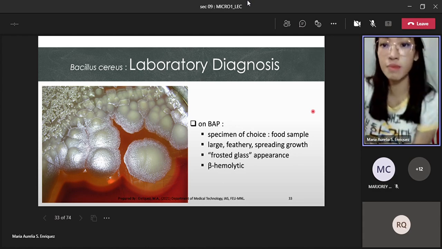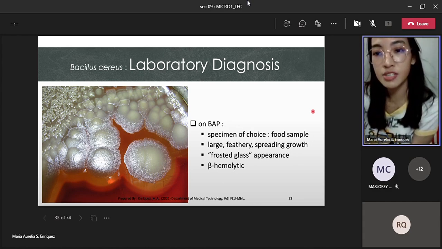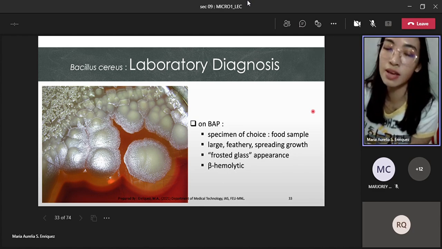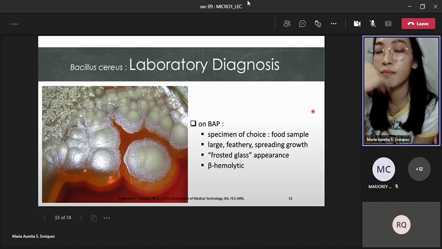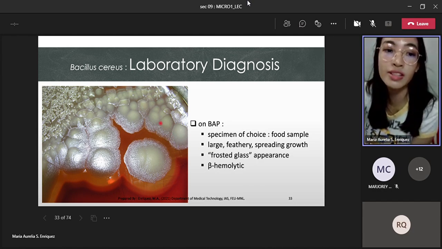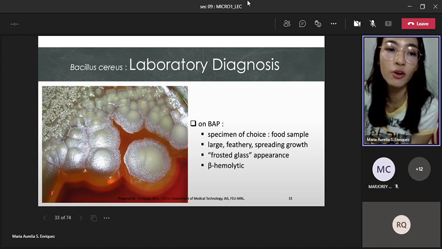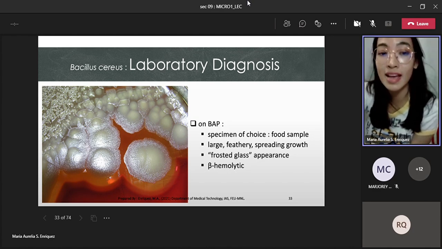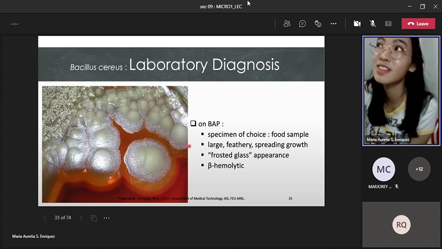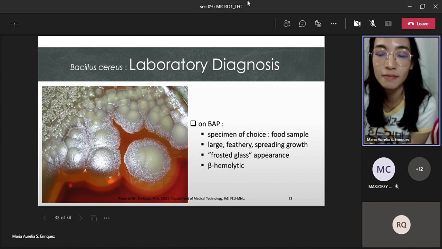So Bacillus cereus can be grown aerobically at 37 degrees Celsius on BAP or SBA. And they would produce beta hemolytic frosted glass colonies as shown in this picture. So ganito na po yung itsura ng frosted glass colonies. And as you can see, kung i-compare natin with Bacillus anthracis, ang anthracis, non-hemolytic. Ang cereus, beta hemolytic.